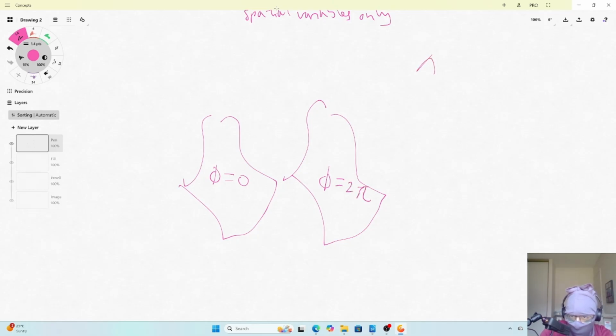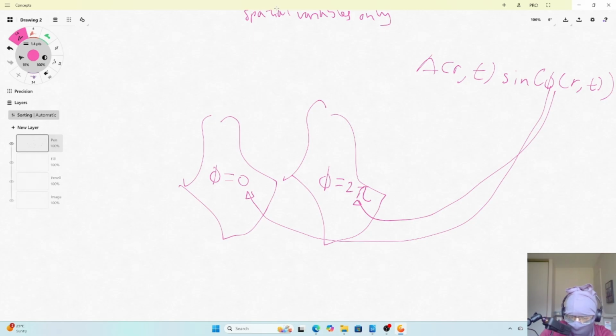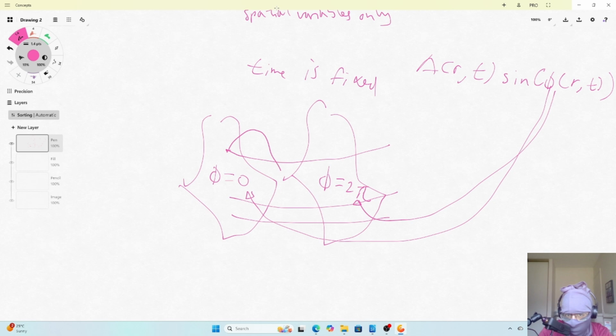So remember that the light wave has the form, and so saying that this equals 0 and this equals 2 pi means that, suppose that time is fixed, you take light rays perpendicular to those wavefronts, and you will see that the amplitude will be a full cycle between the two wavefronts, because the phase difference between the wavefronts is exactly 2 pi.